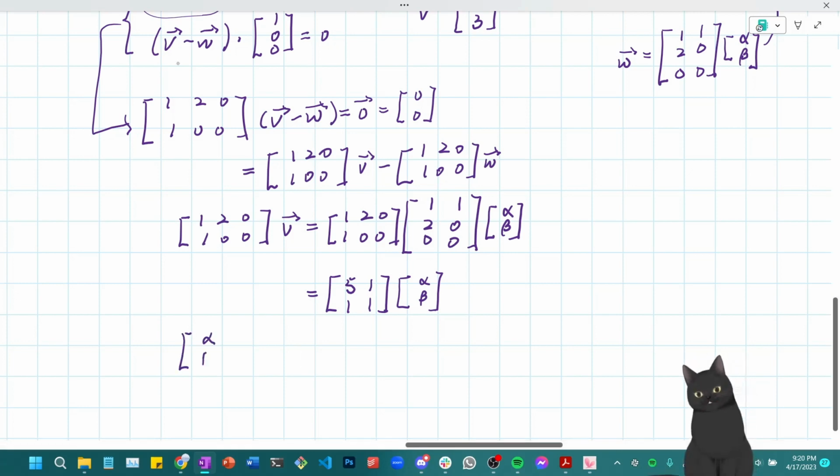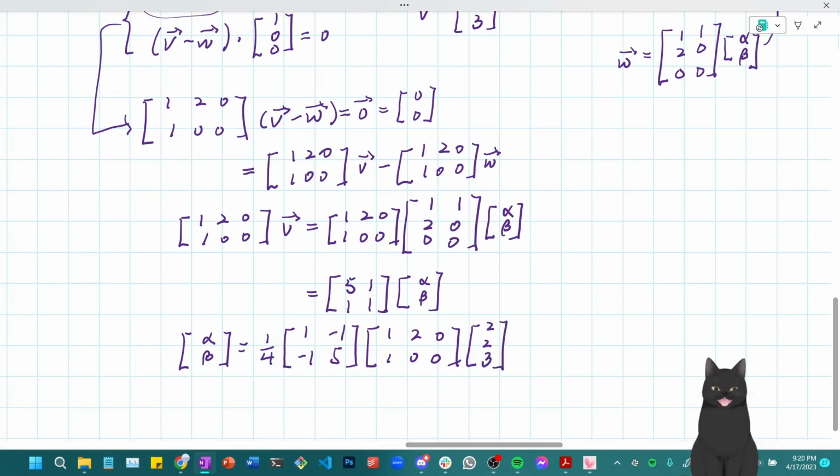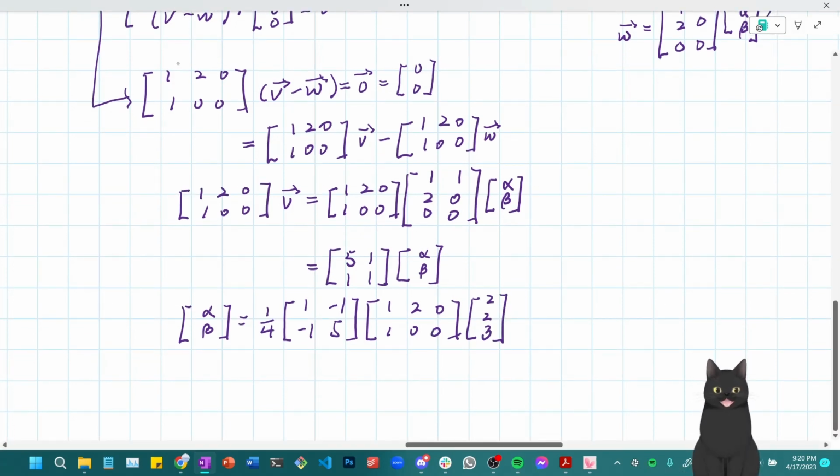At the end, we'll get that (alpha, beta) is equal to the inverse of this 2 by 2 matrix, using the shortcut formula, multiplied by the matrix that we mentioned before times v. And v is (2, 2, 3). So at last, I'm just going to do mechanical calculations, and I will end up saying that (alpha, beta) is equal to (1, 1).